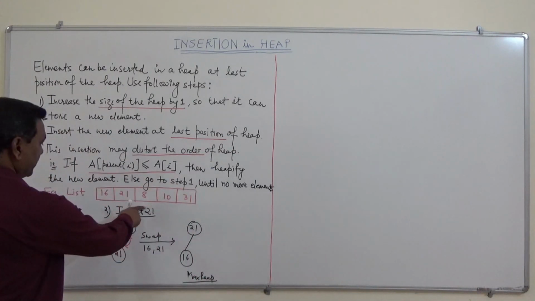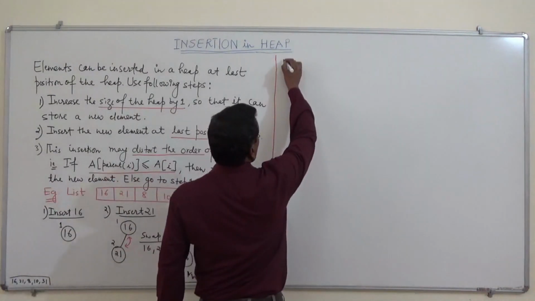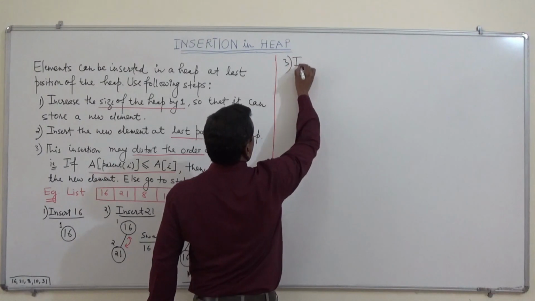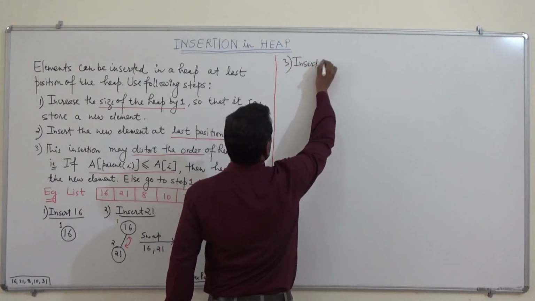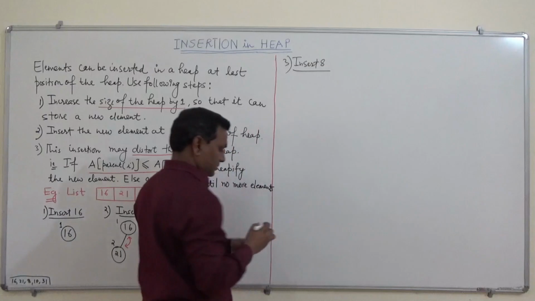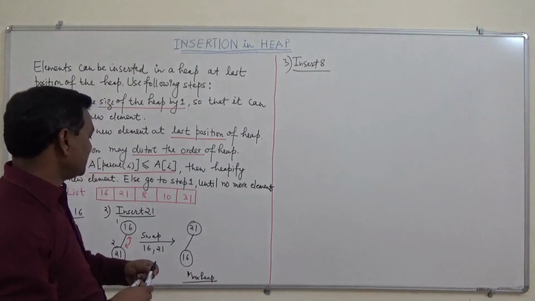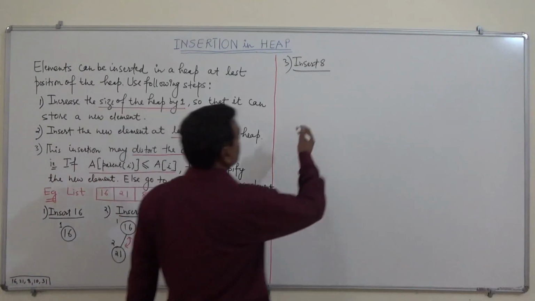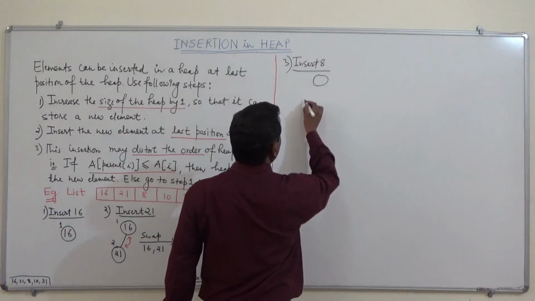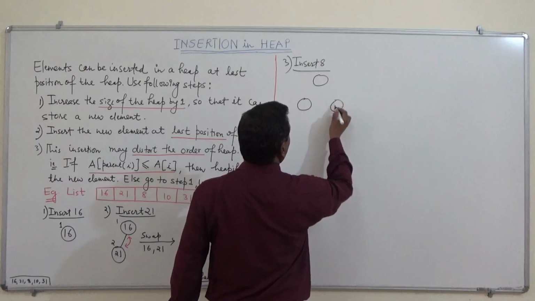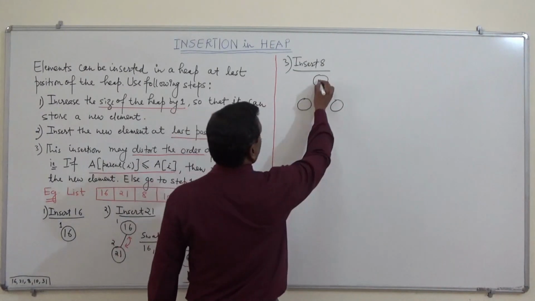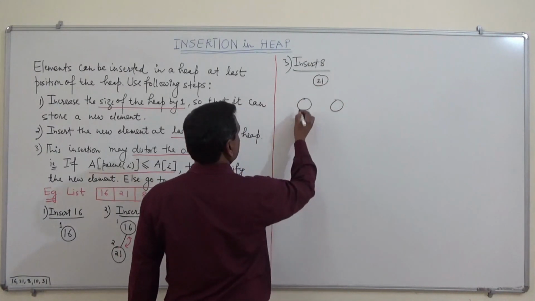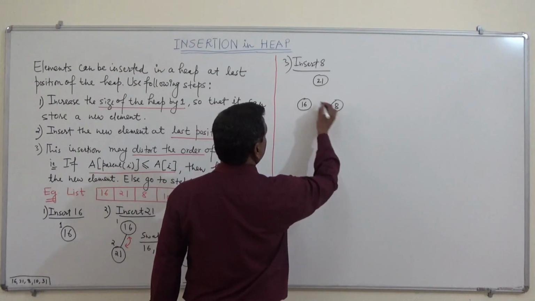Now we'll insert 8. This 8 can be inserted because this is first, second, third position. It should come at the third position. This is 21, 16 and then 8.